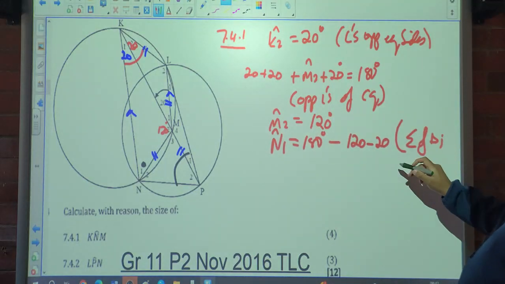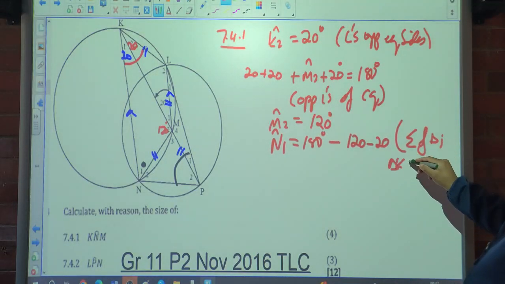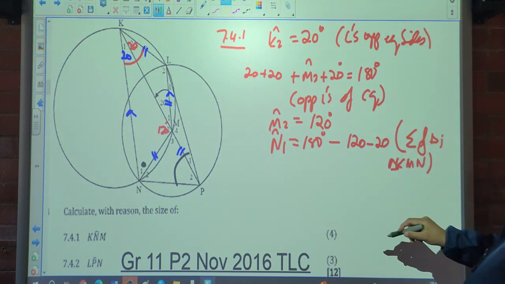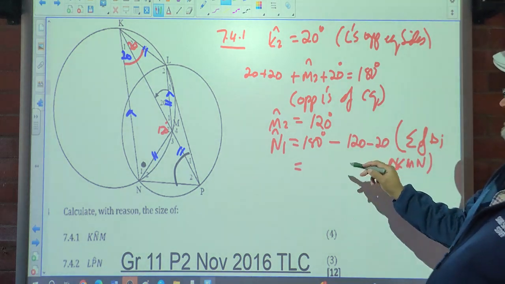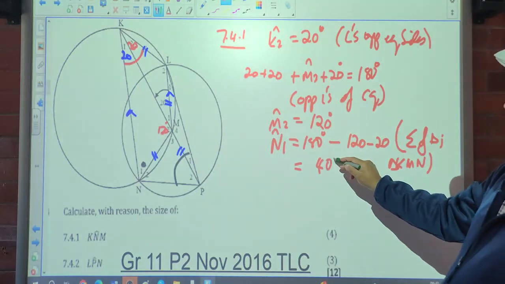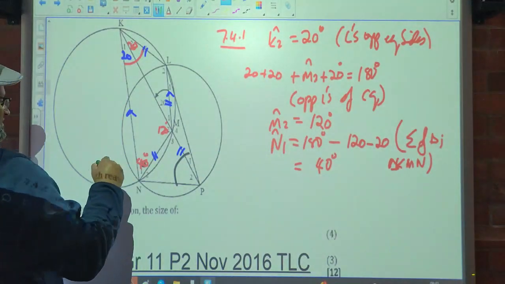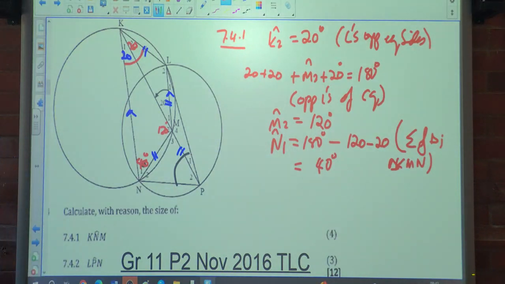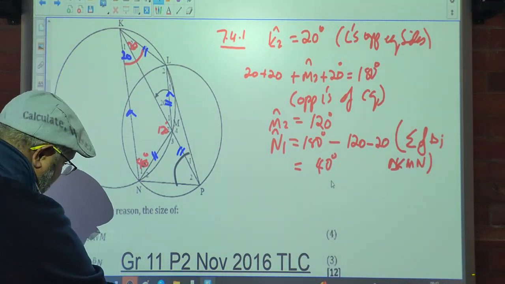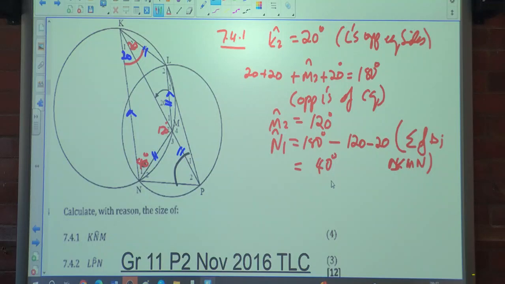Sum of triangles, and this triangle KMN, which is 40 degrees. Now the question says calculate LPN.